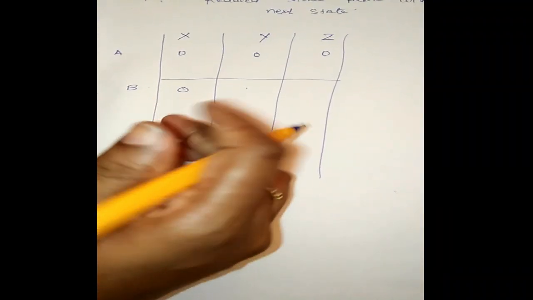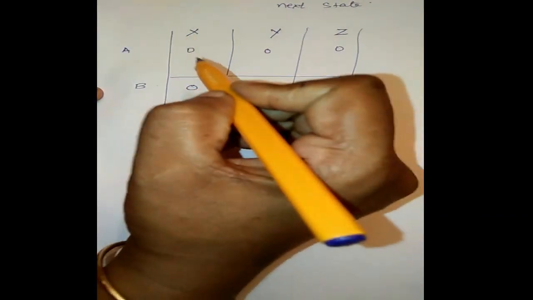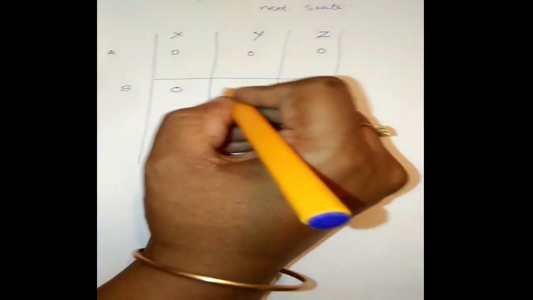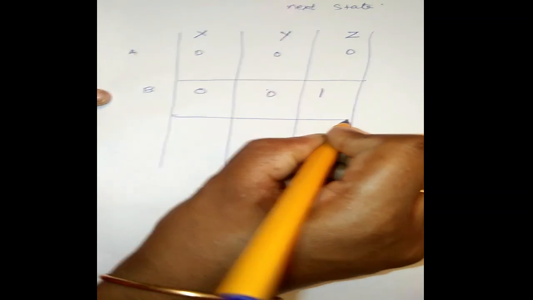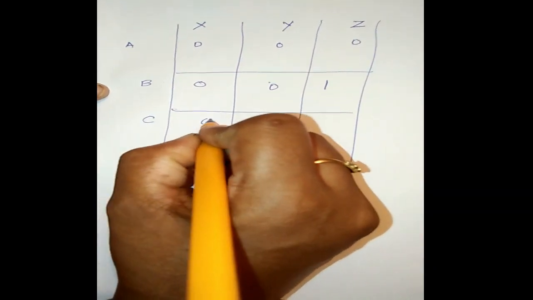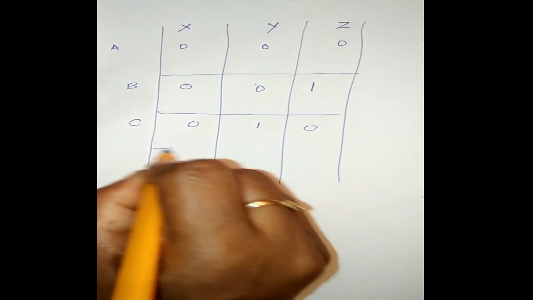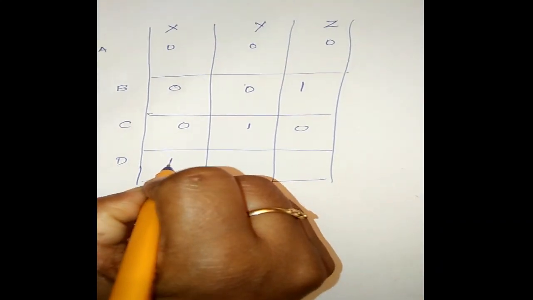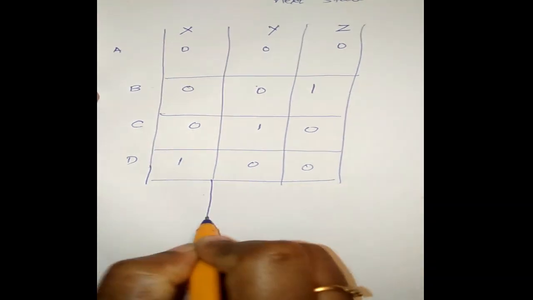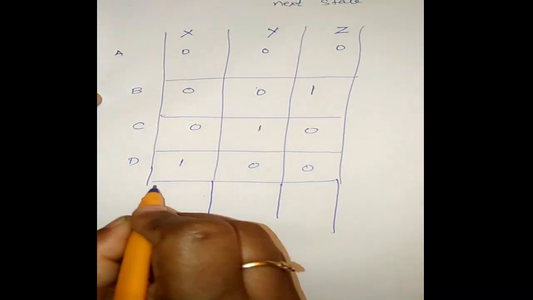Seeing the previous table, we got A 0, state B was 0, 0, 1, right? State C was 0, 1, 0. State D was 1, 0, 0. I'm writing this exactly from the previous table.